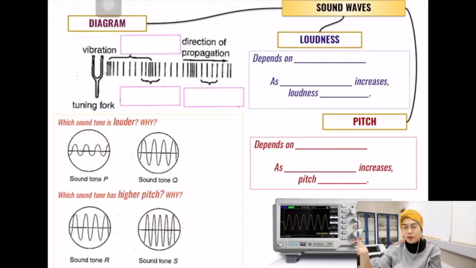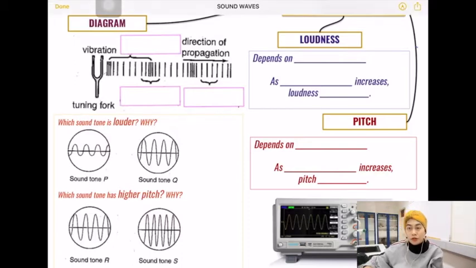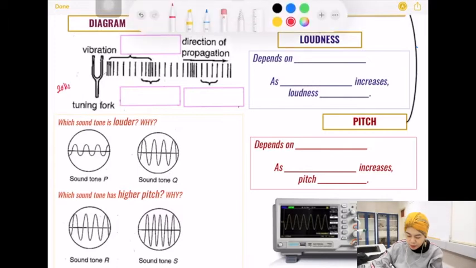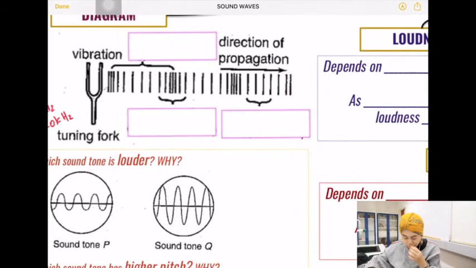And also for your information, the range of frequency that a human ear can hear is from 20 hertz up until 20,000 hertz. So this is a sound wave in this picture here. If you make a vibration from a tuning fork, you produce a sound wave, which is a longitudinal wave.